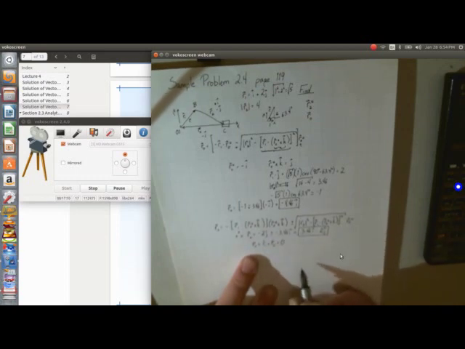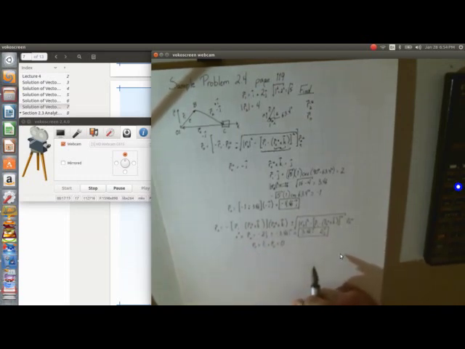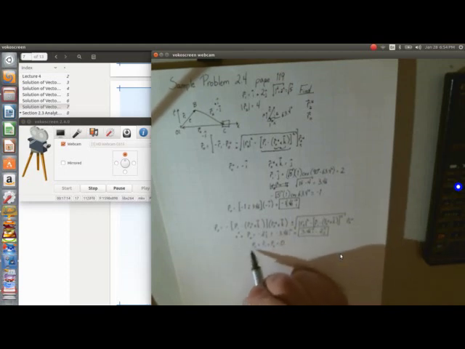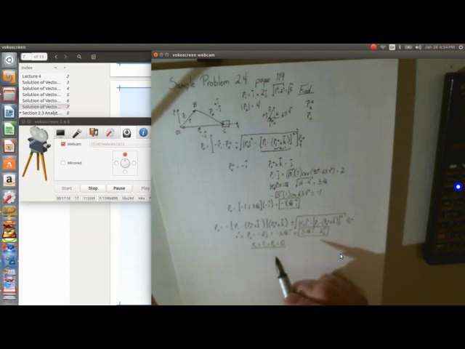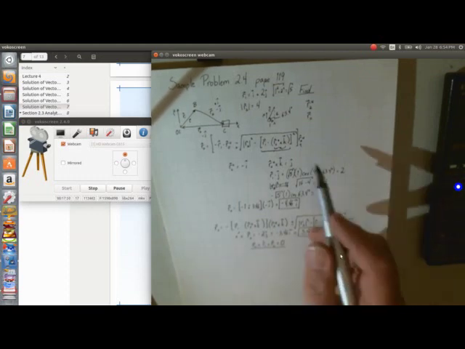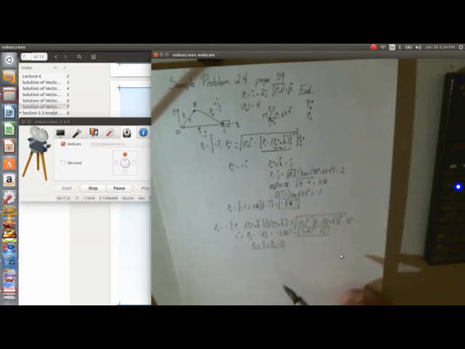I'll leave that to you guys to double check, but this is the base equation that we run with. If we create a closed vector loop, then whatever vectors we generate should satisfy this equation.